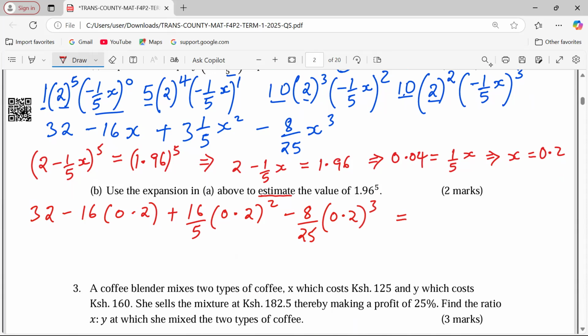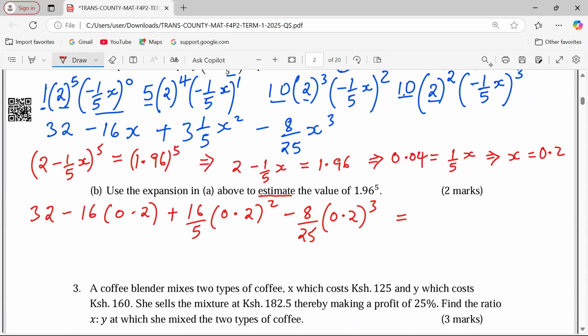Then in my calculator, I'll just write this one as it is. I start by 32, then minus 16. I open brackets 0.2, I close the brackets, plus 16 over 5. I open brackets 0.2, I close brackets and square. Then I minus 8 out of 25. I open brackets 0.2, I close brackets and cube.